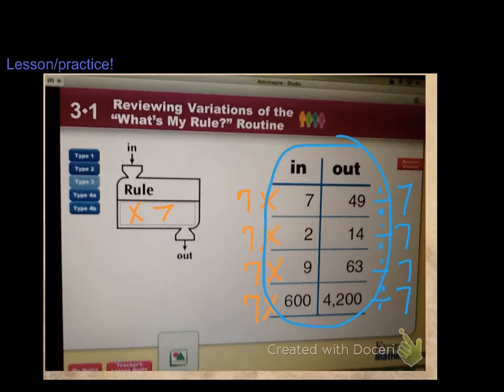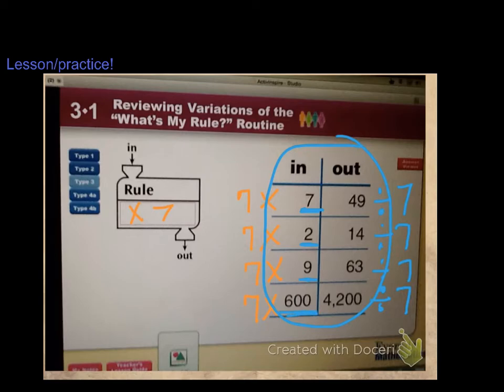When we look at it, just to make sure, it does equal the right amount. So if we did 7 divided by 7, we get 7. If we do 14 divided by 7, we get 2. If we did 63 divided by 7, we get 9. And if we did 4,200 divided by 7, we would get 600.